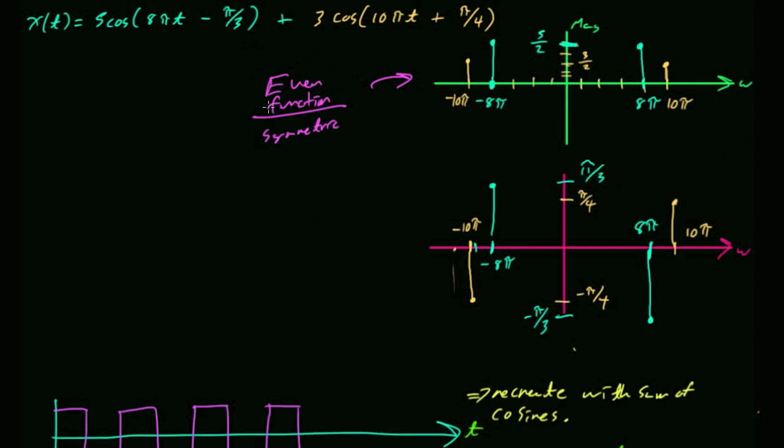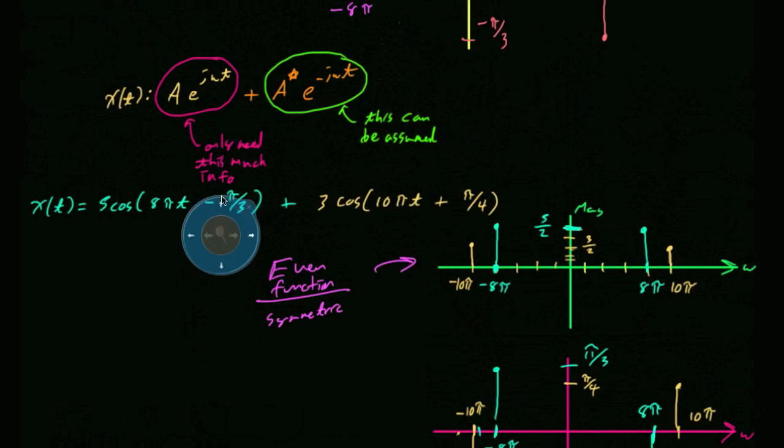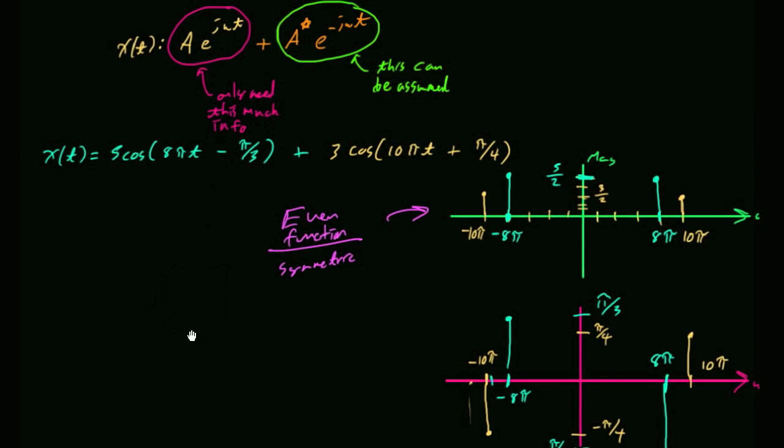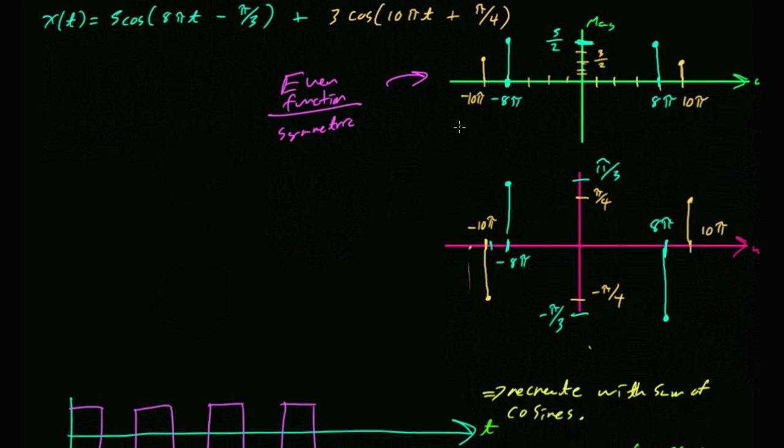They always have the same magnitude. So of course, if you've got 5/2 worth of 8 pi, you've also got 5/2 worth of negative 8 pi. They're symmetric. So you're always going to get that symmetry. You say because cosine's an even function? Exactly. Well, actually, no. That's not the reason. Cosine's evenness doesn't affect the magnitude, because you would get the same thing if you did this with sines.